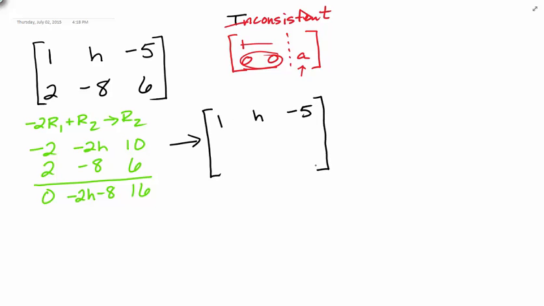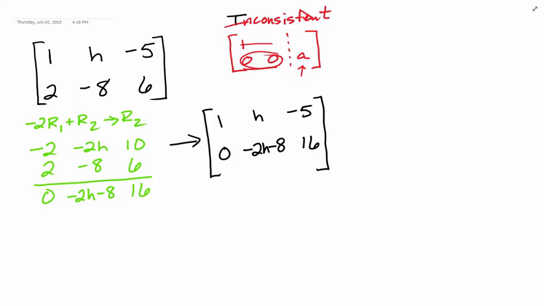Okay, so remember, we're trying to put this matrix in reduced form. So we now have our leading terms in each row. We want to now eliminate the 0 above this leading term. So we've got to figure out what we need to multiply these things by in order to eliminate them.